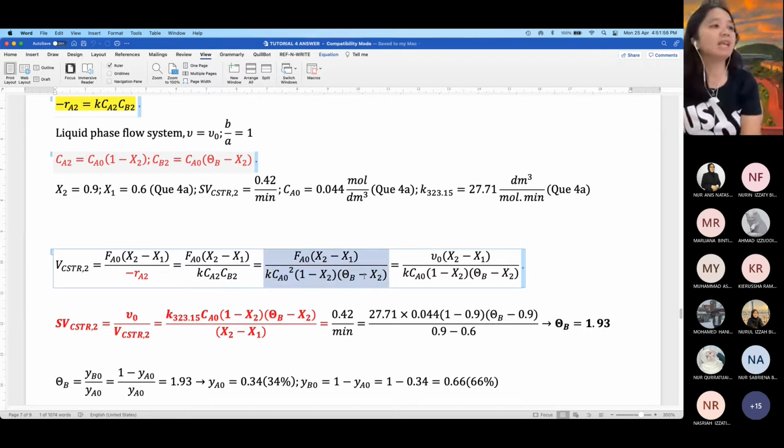Okay, so when we combine, kita dapat dalam bentuk ini. Okay, so kenapa CA0 square? Because CA2 ada satu CA0, CB2 pun ada satu lagi CA0. So when you multiply, you get power of 2. So it become K CA0 square. So in bracket 1 minus X2 in bracket theta B minus X2. B per A is 1.